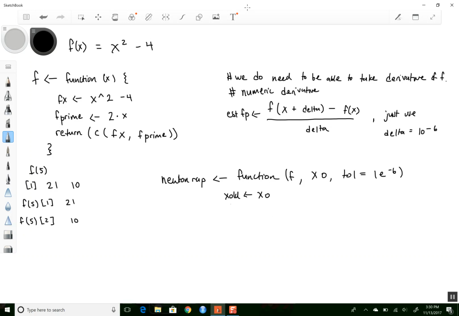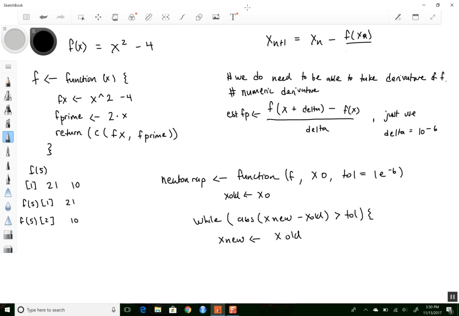We'll need a while loop: while the absolute value of x new minus x old is greater than our tolerance, iterate. x new is going to equal x old minus f of x old, bracket 1, divided by f of x old, bracket 2.